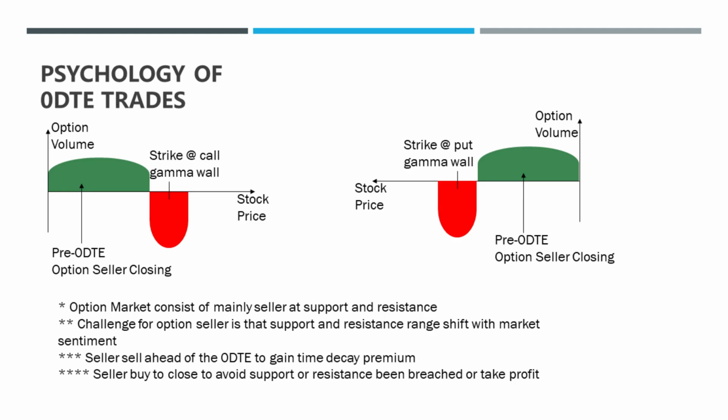Okay, the psychology of the zero DTE trade is this. We understand that the market is mostly sellers, right? However, on the last day of the trade, what would the typical option trader do? Does anyone know? Most of the traders would likely close the trade, from a professional trader's perspective, right?